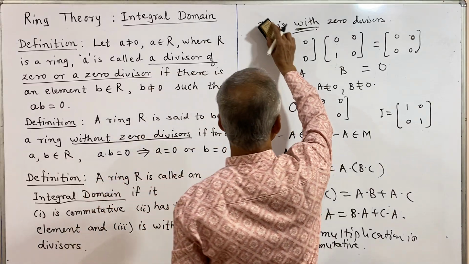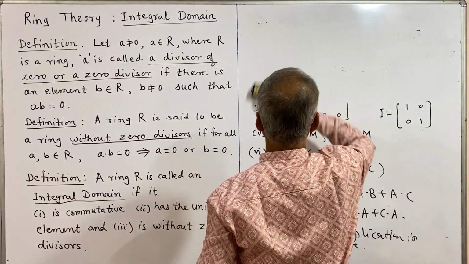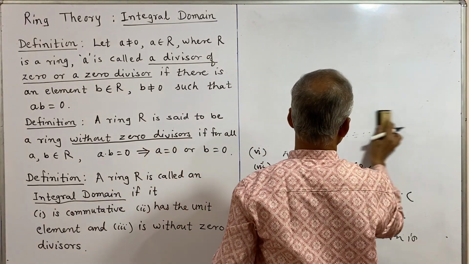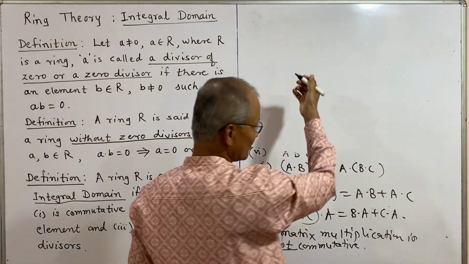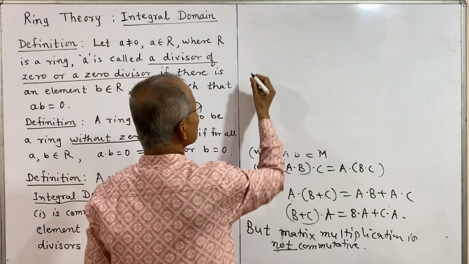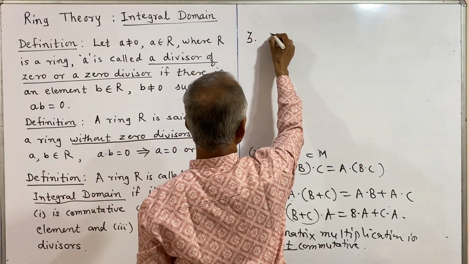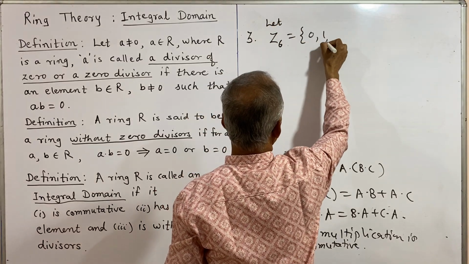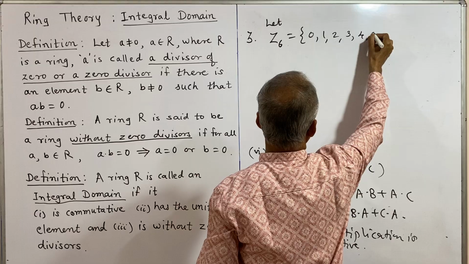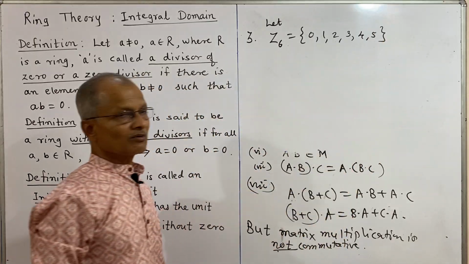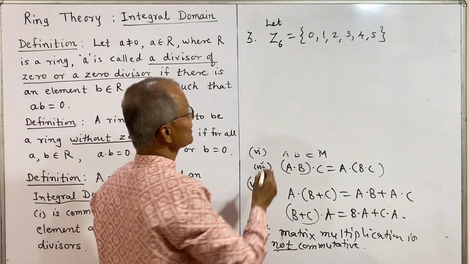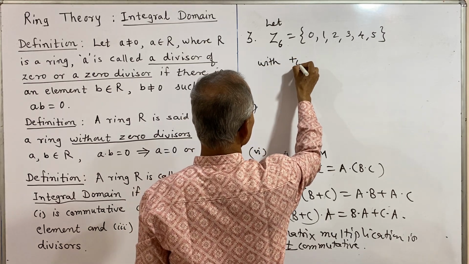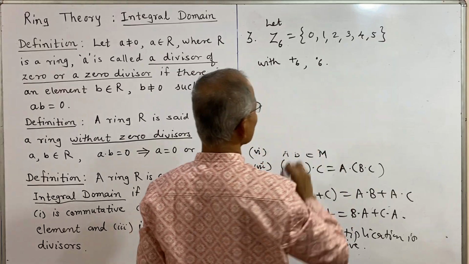Another example we have earlier mentioned is the ring of integers modulo a composite number. This is the third example we can consider, Z6. Let Z6 be the set of integers modulo 6, the integers 0 to 5, with addition modulo 6 and multiplication modulo 6.